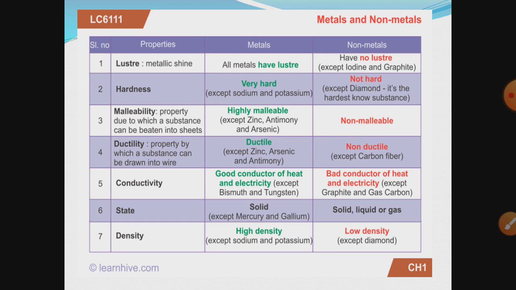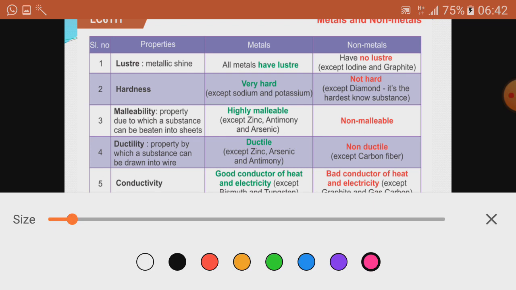Then hardness. If you see metals, they are very hard except, the exceptional case, sodium and potassium. They are not hard. They can be cut into pieces by knives. Now see, in case of nonmetals, what will be the property on the basis of hardness?